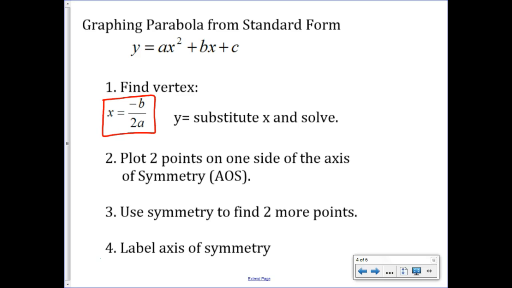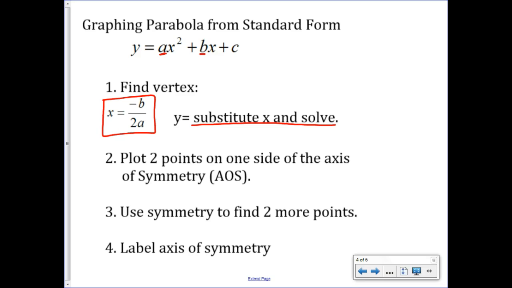X equals the opposite of b over 2a. You're going to use that to find the vertex. So you're going to put the opposite of this b value over 2 times this a value, and that's going to tell you the x value of your vertex. Once you know x, you're going to substitute x in to your original equation, and you'll solve.